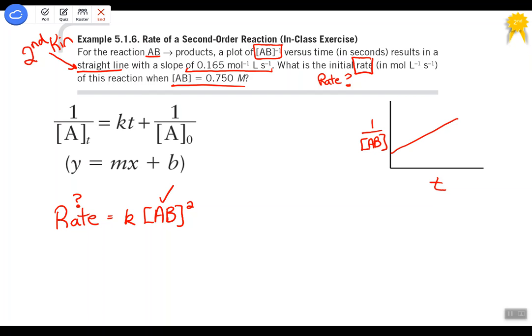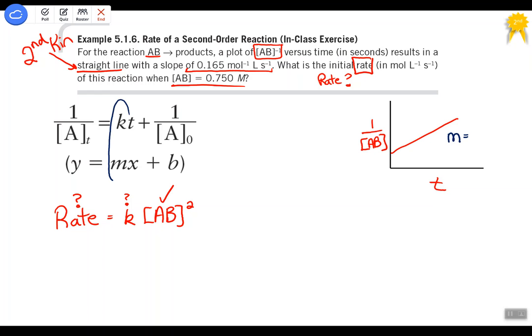Well, I want to solve for rate. I know the concentration of AB, but I don't know the specific rate constant K. So I go back to my problem and I say, well, did they give me K? Well, I don't see K written down. I don't see specific rate constant written down. But I am given a hint here that the slope equals 0.165 moles per liter.